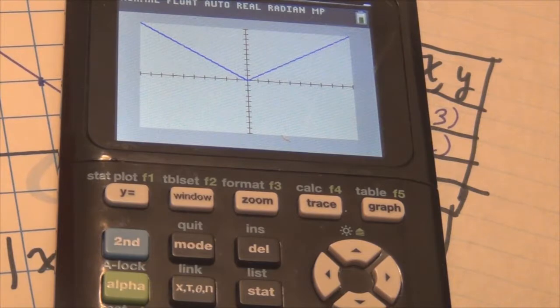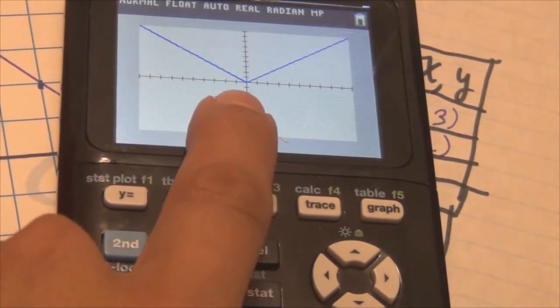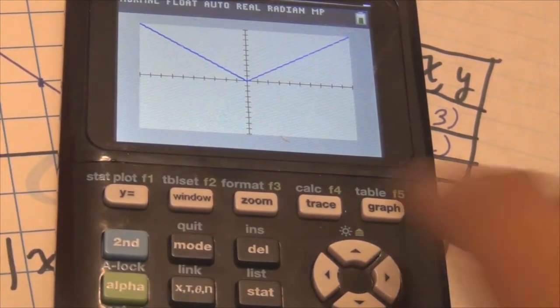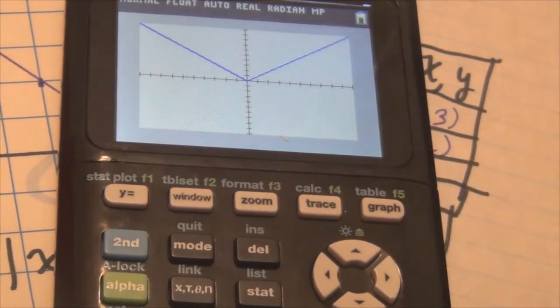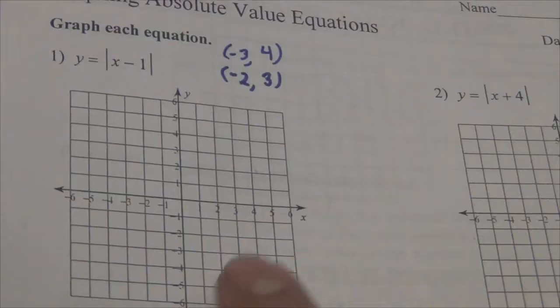Now, let's look at some transformations that happen in here. Where is the vertex of this graph? The vertex is right here at a minimum. It's at 0, 0. So it's the same thing as when we were graphing quadratic equations.